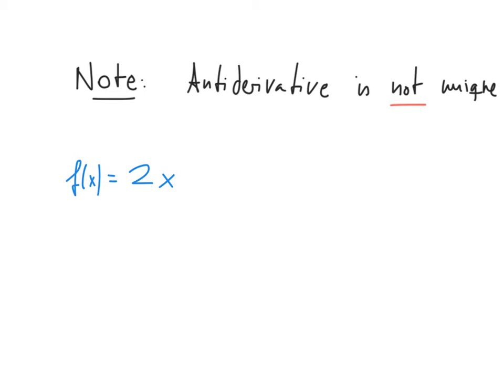So take, for example, the function f of x equals 2x. If we're looking for antiderivatives, we could take the function capital F of x equals x squared, because clearly the derivative of this function is 2x.